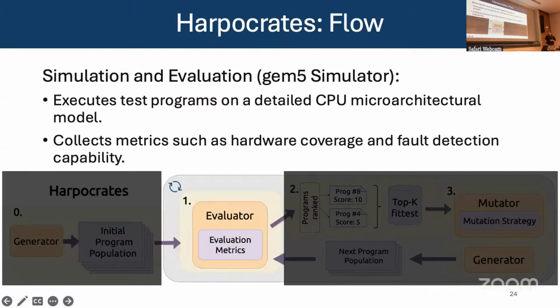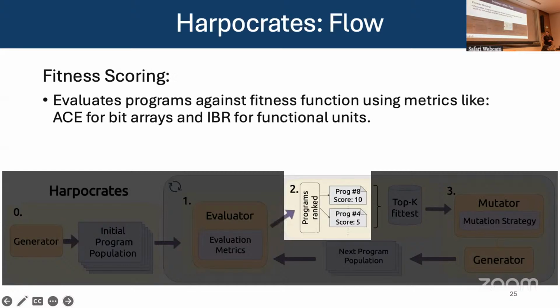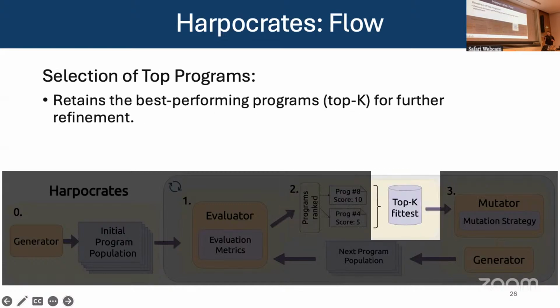Then we simulate and evaluate those programs using the gem5 simulator, and we collect metrics such as hardware coverage and fault detection capability. The previously collected metrics are then used to give scores to each program, and then finally we choose the top K programs for further refinement.